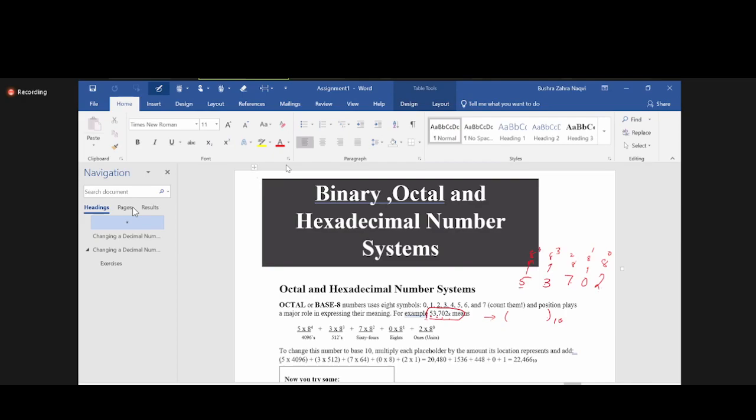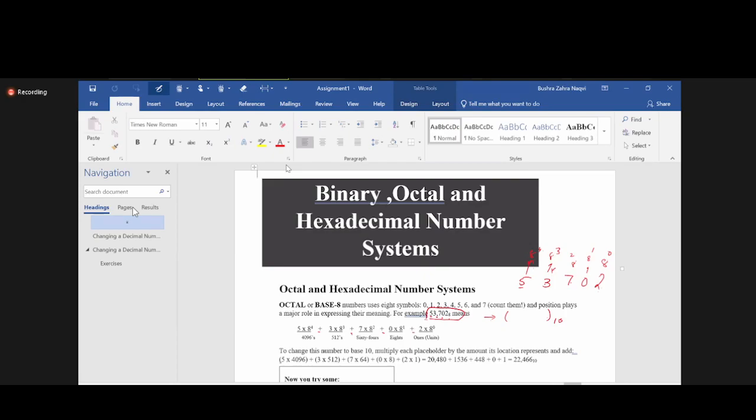So you multiply each number by its weight like this, right? 5 multiplied by 8 raised to the power 4, 3 multiplied by 8 raised to the power 3, 7, and so on. Then you add them all together, okay?